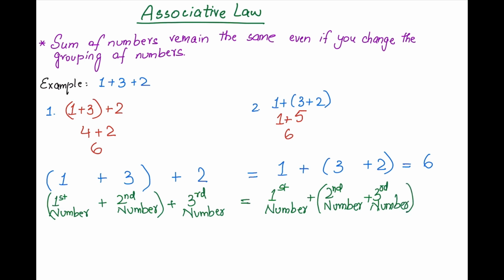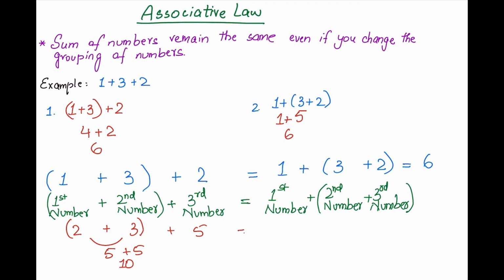Let's consider one more example. If we have 2 plus 3 plus 5. So here we can group the first two numbers. 2 plus 3 is 5. And then 5 plus 5 is 10. Okay?